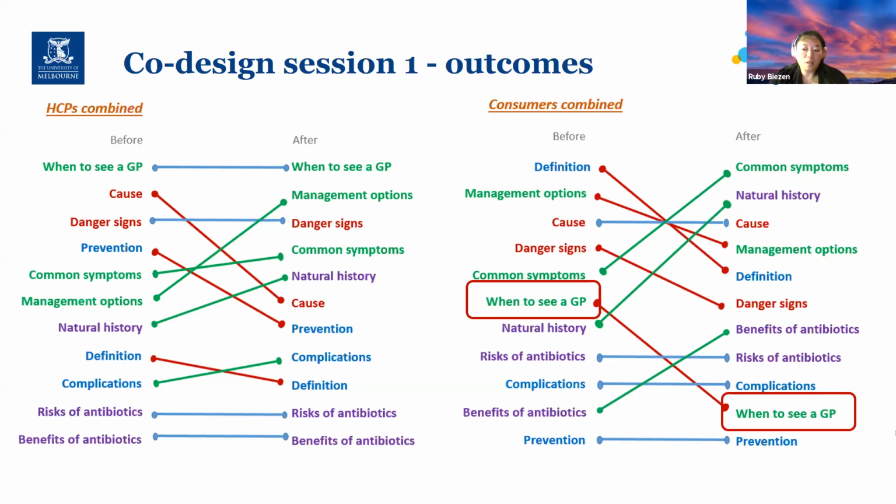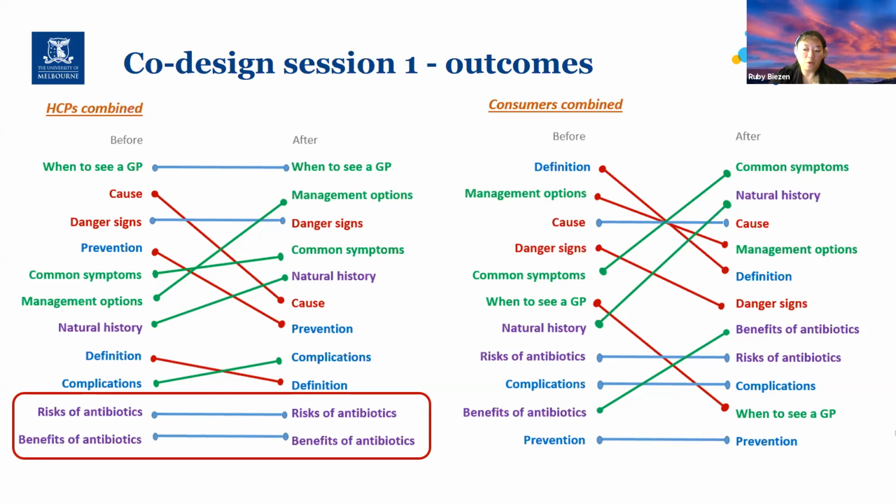interesting here: as healthcare professionals working in the antimicrobial stewardship space, we thought that risks and benefits of antibiotics would be important to include in any patient information sheet. But looking at these results, neither healthcare providers nor patients consider risks and benefits of antibiotics as high on their information list.